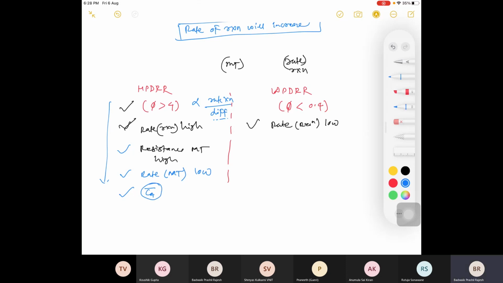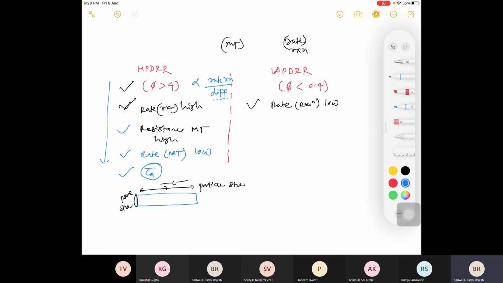Suppose this is your catalyst. This is your pore size, and this length is your particle size. In Thiele modulus, you know, it is square root of K by DE into LC.